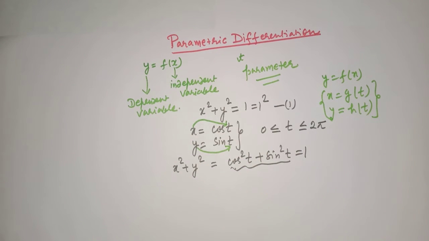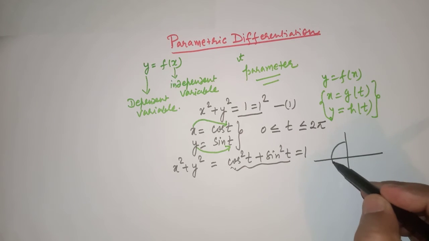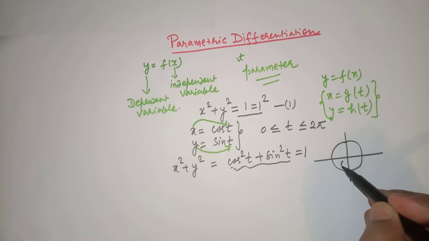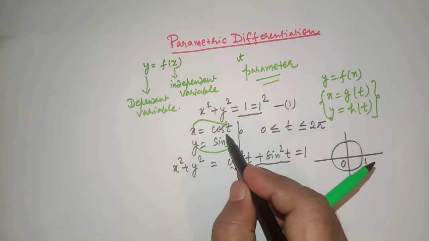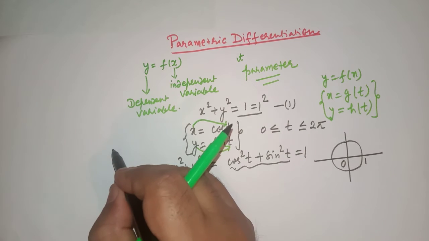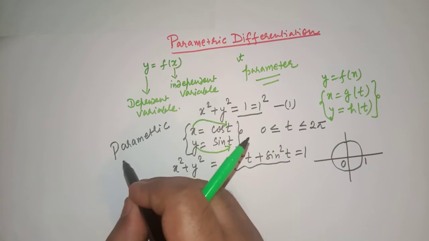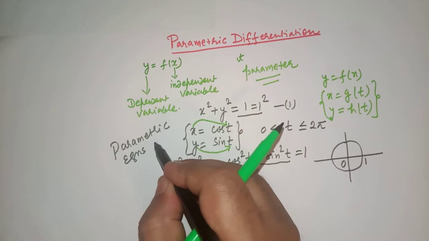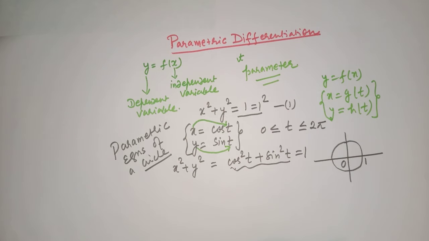Here this equation is the equation of a unit circle whose center is origin and radius is 1. So x equal to cos t and y equal to sin t are known as the parametric equations of a circle. Clear?